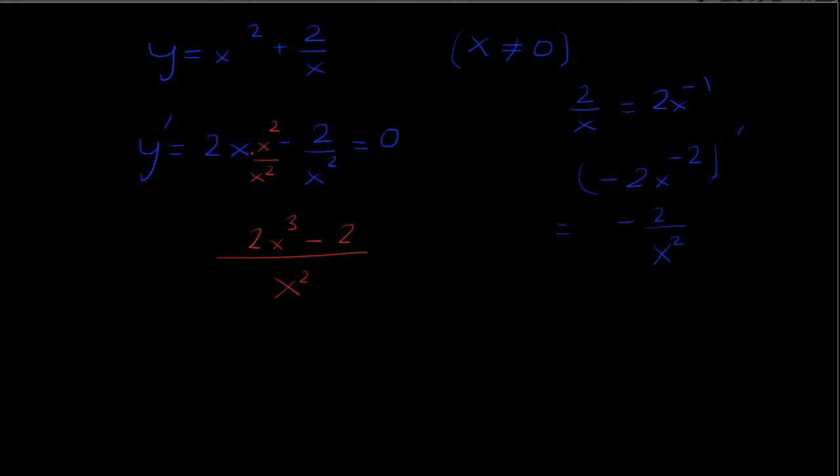We didn't have to change anything in the second fraction. Set that equal to 0. I can factor out the 2 from the top. You get 2 times x cubed minus 1 over x squared equals 0.